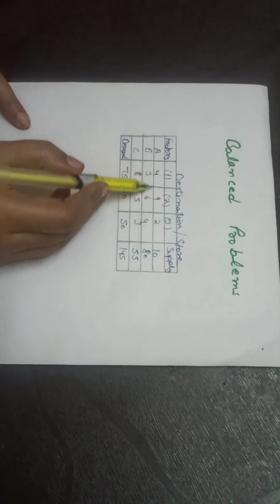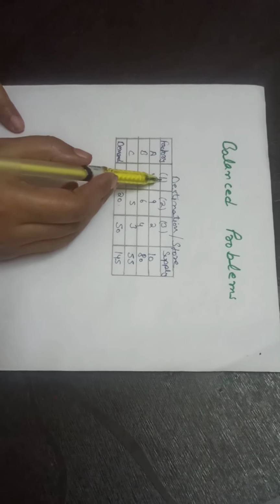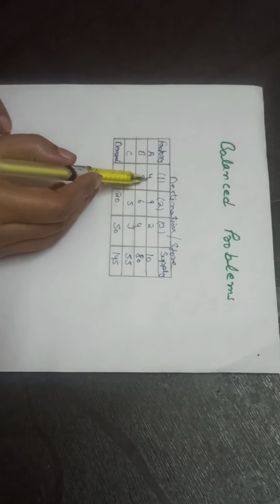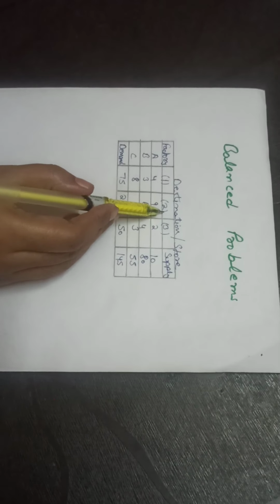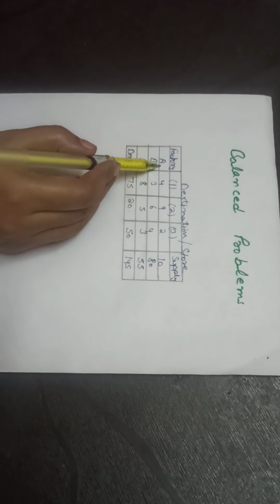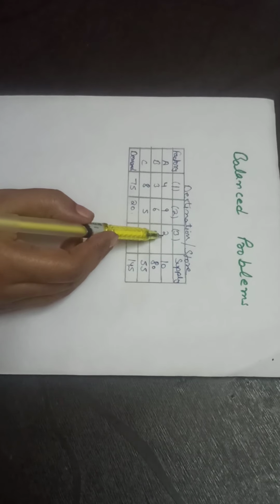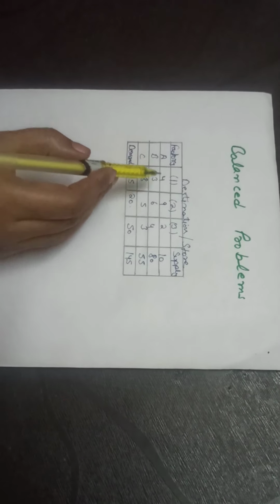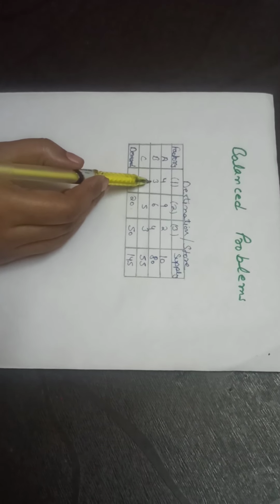These are the transportation costs. It means if factory A supplies products to the first store, then the transportation cost will be 4 rupees. If factory A supplies to the second store, then the cost will be 9 rupees. If factory A supplies to the third store, then the cost will be 2 rupees. In the same way, if factory B supplies to the first store, the transportation cost will be 3 rupees.